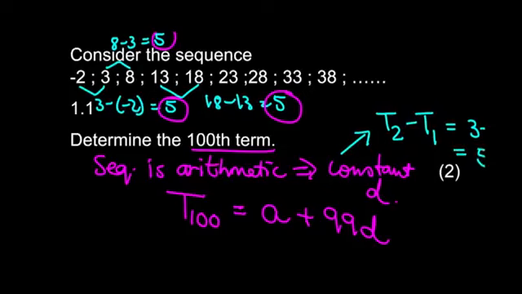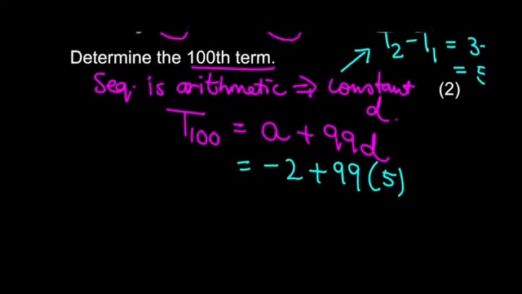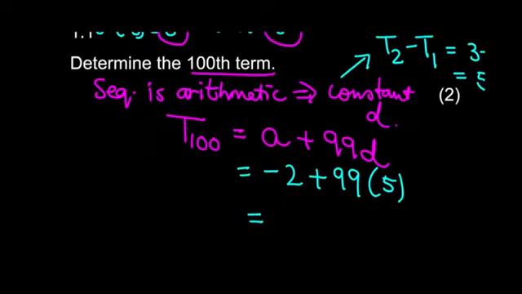Okay, so now I can substitute. My first term is negative 2. I have 99 differences. I've worked out that the difference is 5. And I then can work out that that would be 500 minus 5. So that's 495 minus 2 would be 493.